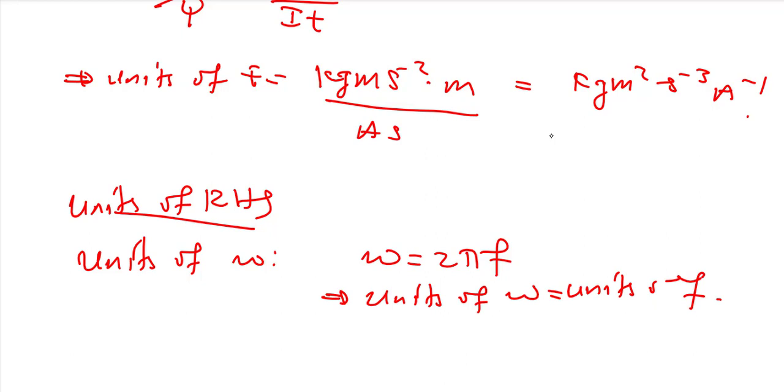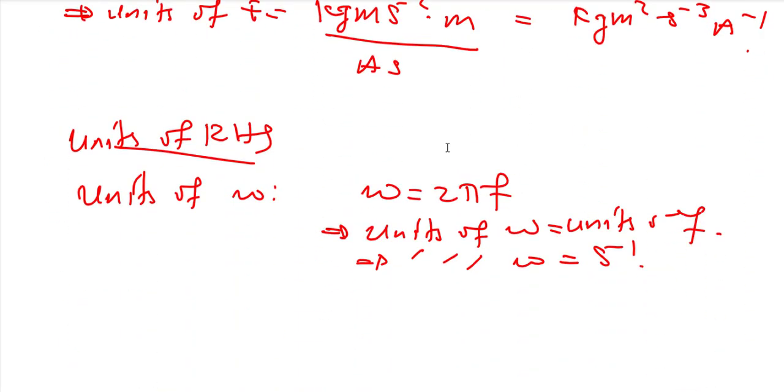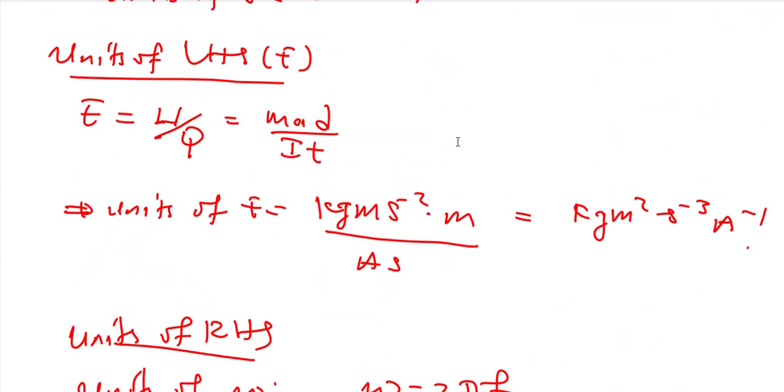What was the unit of f? The hertz, and the hertz is per second. So that's the unit of omega. Units of N: N represents the number of turns, so N is dimensionless.